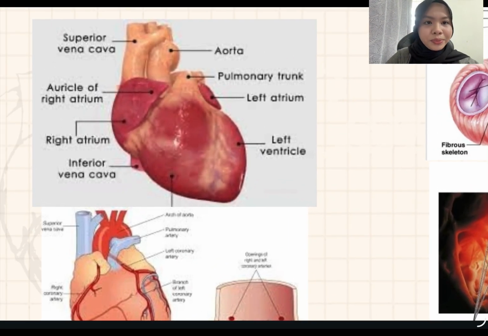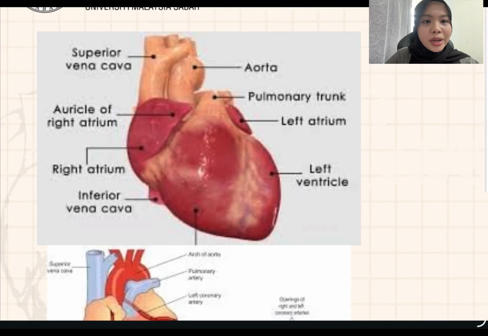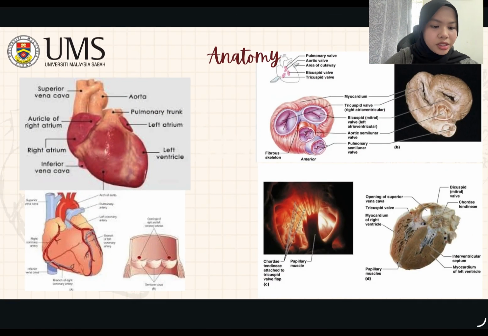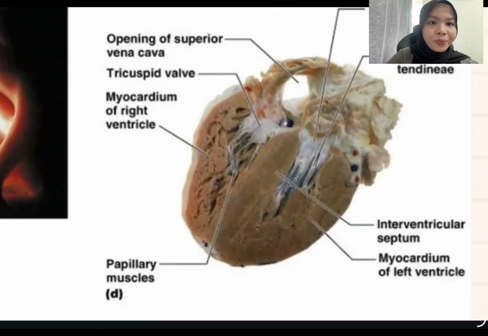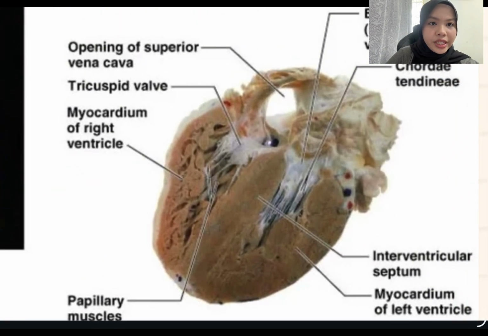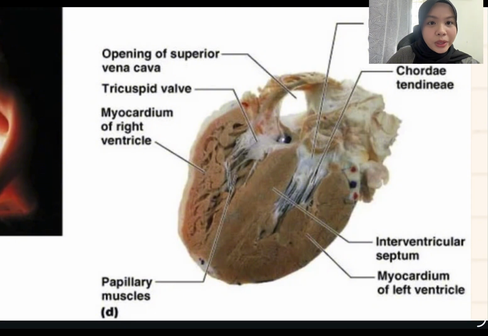These chambers are separated by the interatrial and interventricular septa, which prevent mixing of oxygenated and deoxygenated blood. A key anatomical feature is the difference in wall thickness, which, as you can see here, the left ventricle has the thickest wall because it must generate high pressure to pump blood throughout the systemic circulation, whereas the right ventricle pumps blood only to the lungs at a lower pressure.